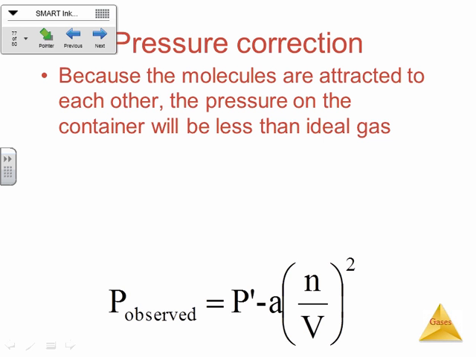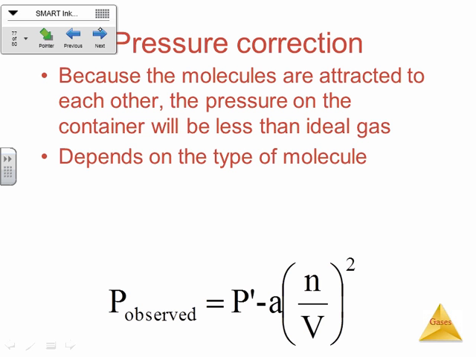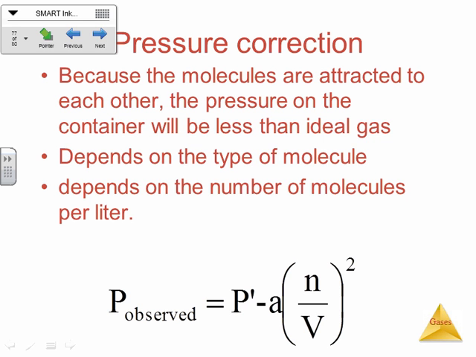So a real gas is typically going to have a lower pressure than the ideal gas. Again, this depends on the type of molecule, and on the number of molecules, because the closer these things are to one another, the more attracted they're going to be. And is it polar or non-polar, because that's going to affect the intermolecular forces.